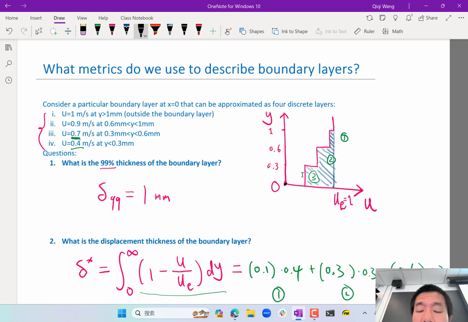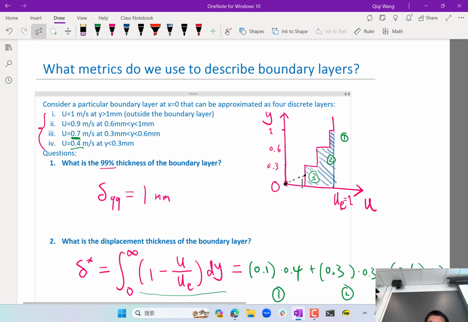If we have 300 layers instead of 3, then the derivative at the wall can be approximated by connecting the origin with the middle of this layer.